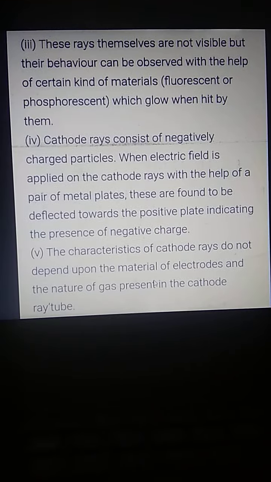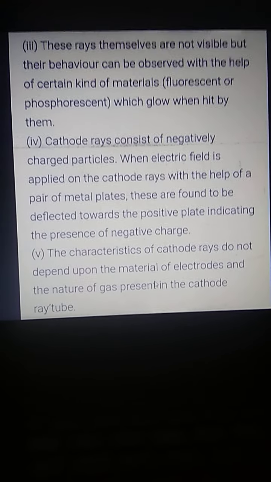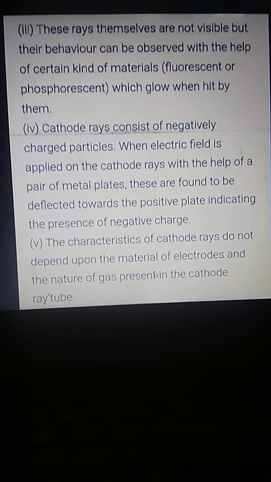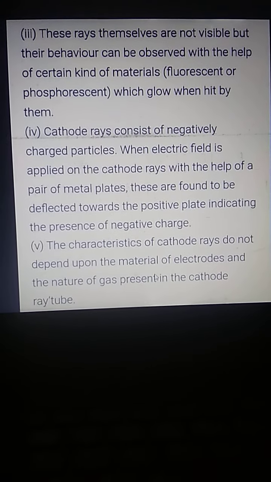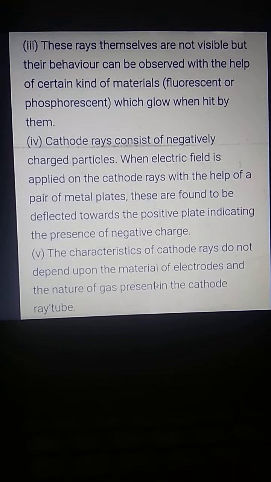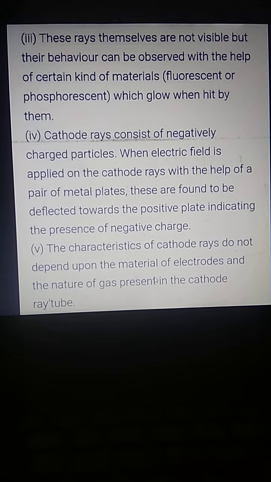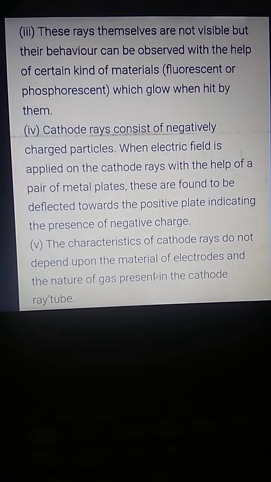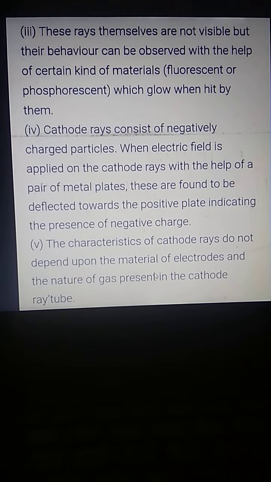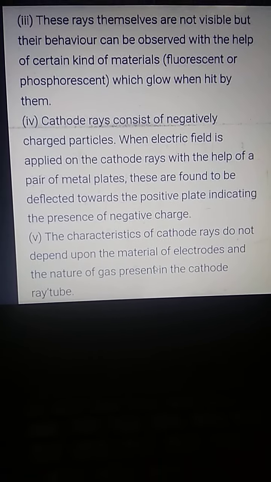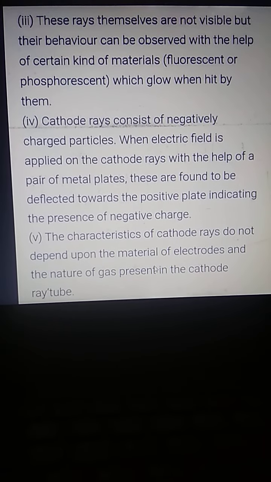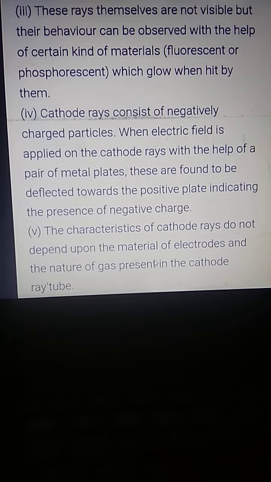Now, cathode rays consist of negatively charged particles. How does it confirm that cathode rays consist of negative charge or positive charge? For that, an electric field was applied onto the cathode rays, with one positively charged and one negatively charged plate. When that electric field was applied, the cathode rays deflected towards the positive plate.